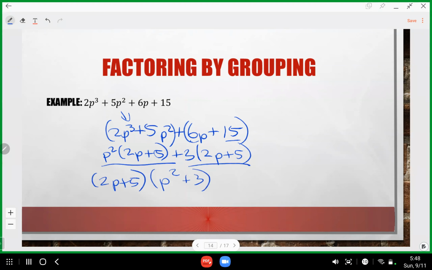We're done now because we can use the distributive property to distribute, and then multiply it out to see if they're correct.